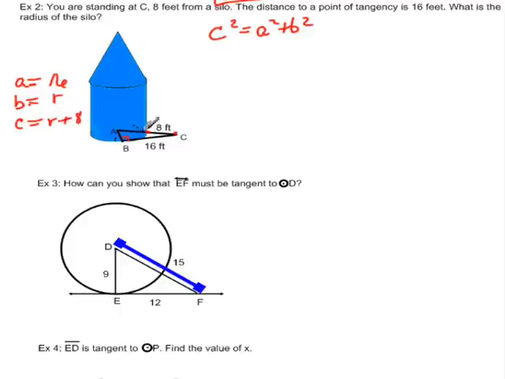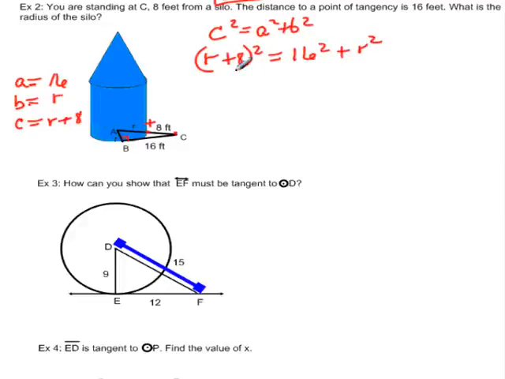This section is R, and this section is 8, so if you want to know what that whole line is, you add them together. So we have R plus 8 squared equals 16 squared plus R squared.